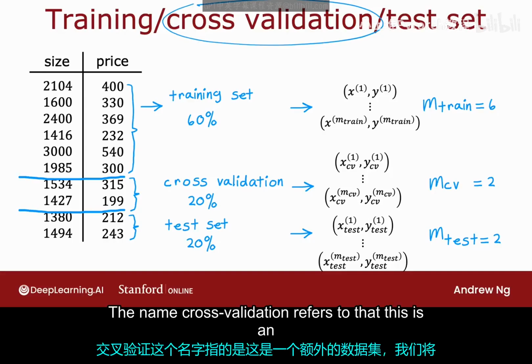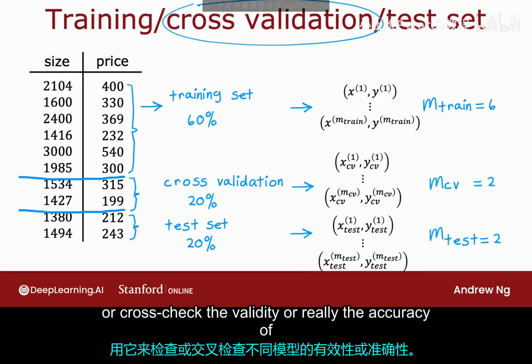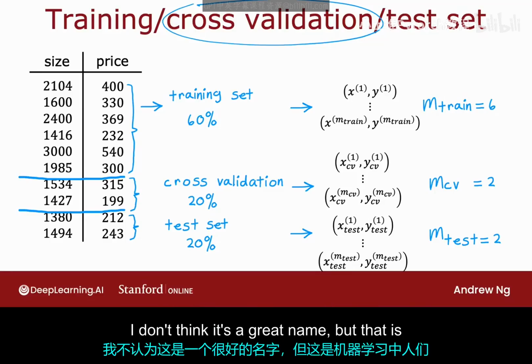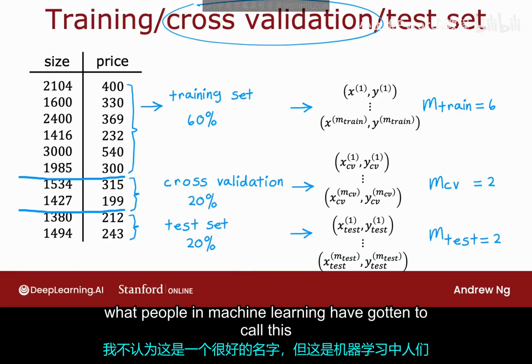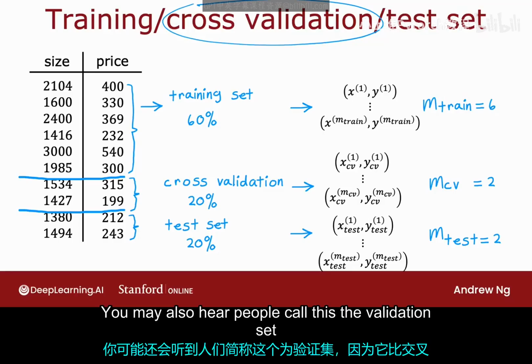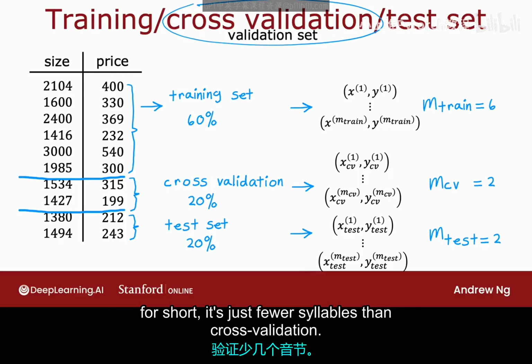The name cross-validation refers to that this is an extra data set that we're going to use to check or cross-check the validity or really the accuracy of different models. I don't think it's a great name, but that is what people in machine learning have gotten to call this extra data set. You may also hear people call this the validation set for short. It's just fewer syllables than cross-validation.